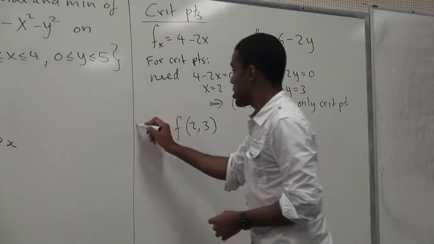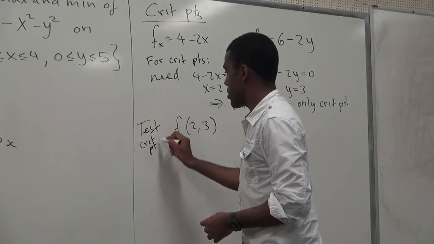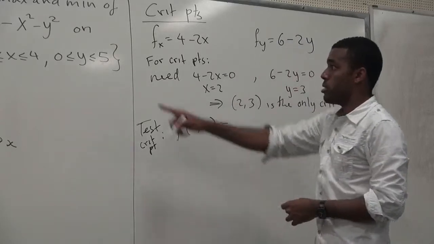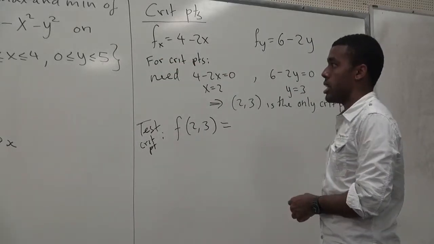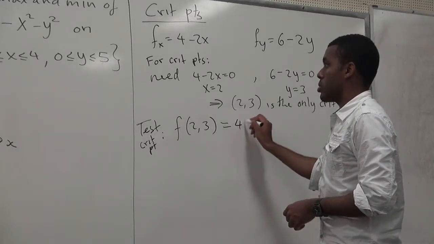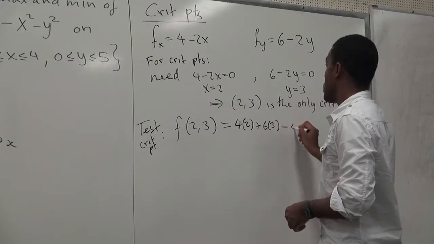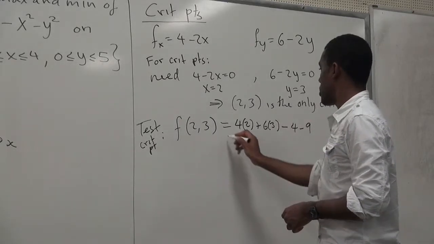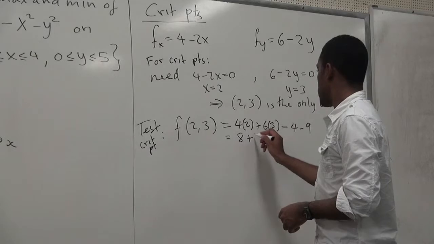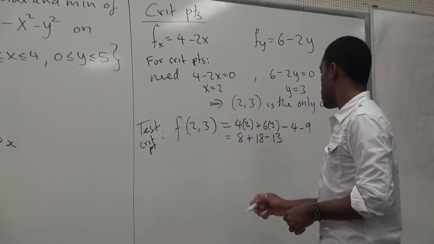So I'm going to test the critical point f of 2 comma 3. Just plug in 2 comma 3 into that. This is 4 times 2 plus 6 times 3 minus 4 minus 9, so 8 plus 18 minus 13.